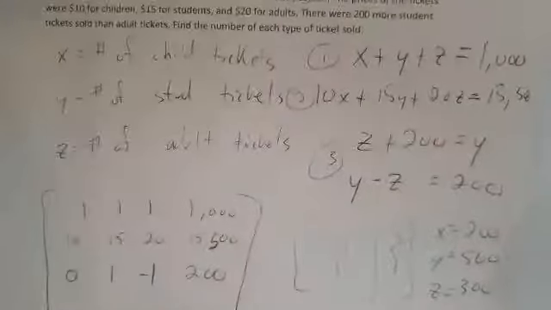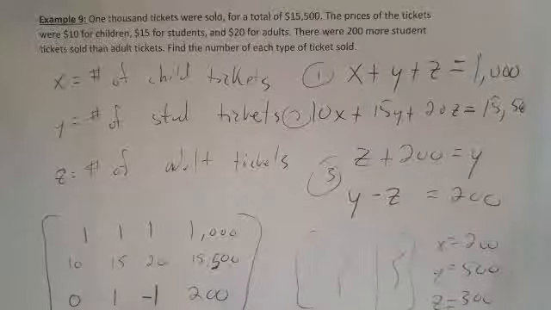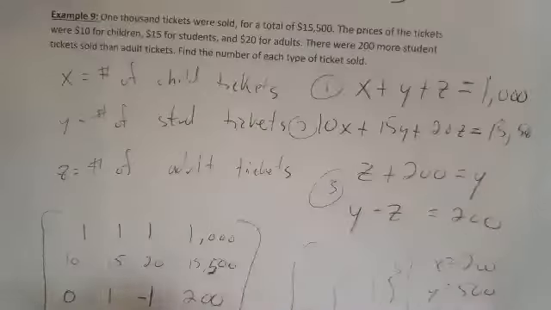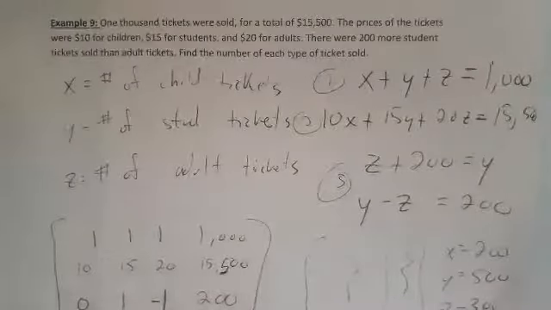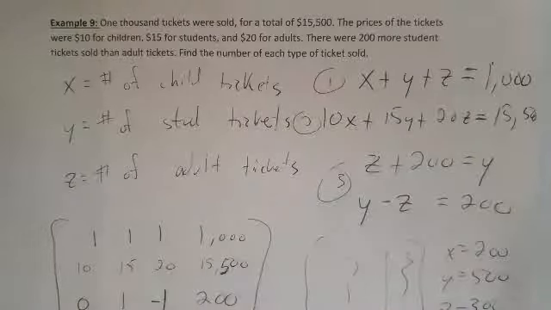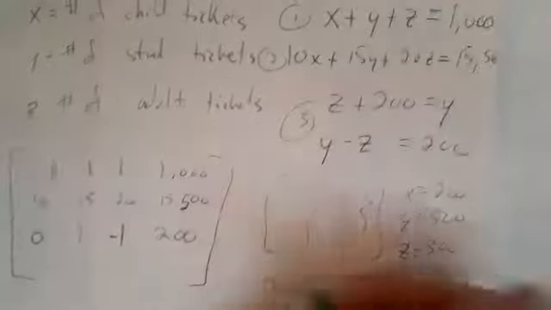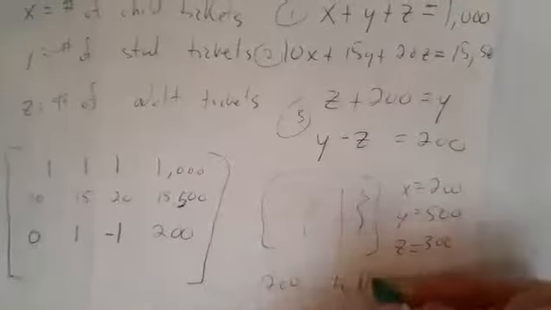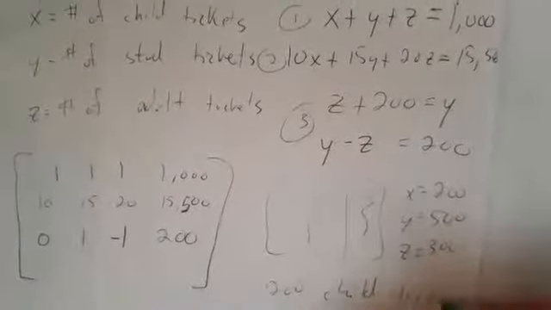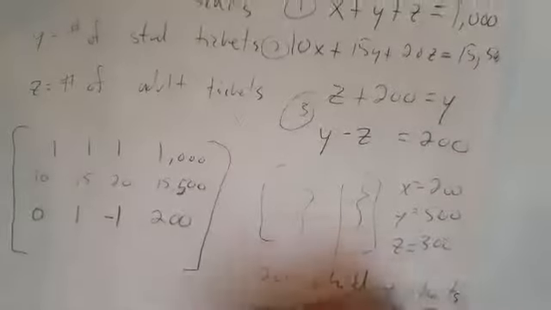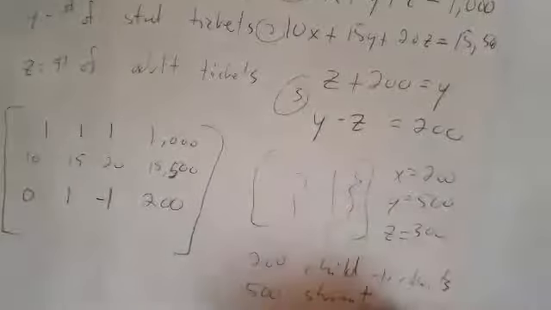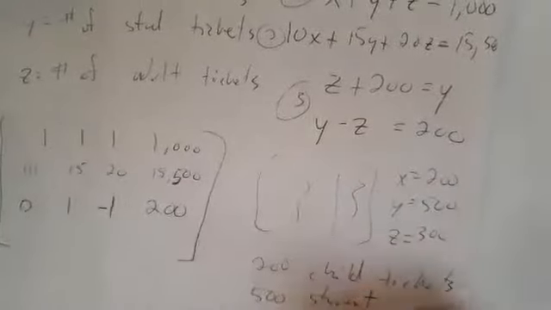We're pretty much there. If I give you a word problem, you should probably give me some words back. So they were, find the number of each type of ticket sold. So tell me something about what, 200 children tickets? Or 500 student tickets? And this is why we define our variables at the very beginning, right? And 300 adults.